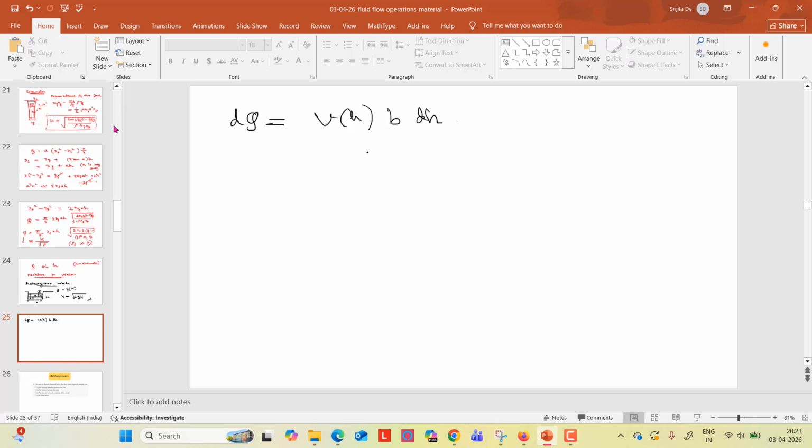So V we have seen as root under 2gh, times b dh, and it can be varied from 0 to h.